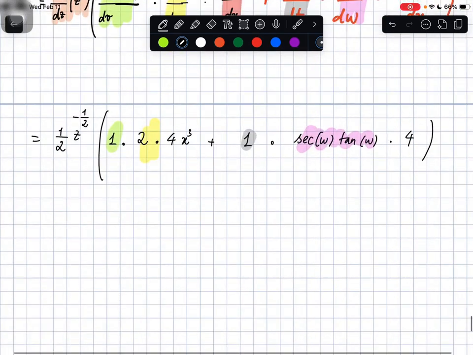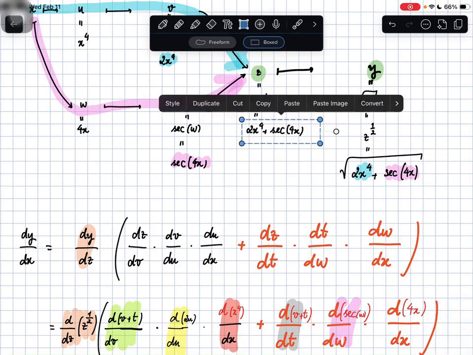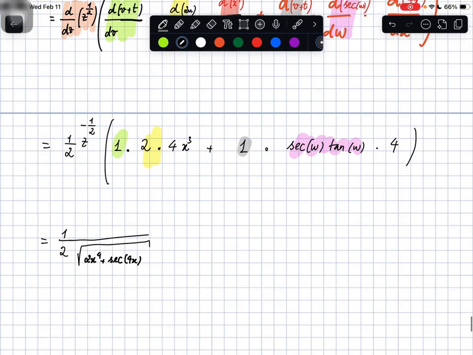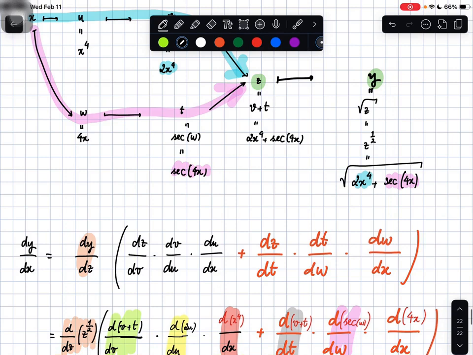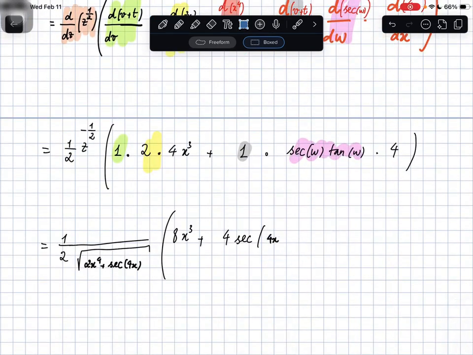Now just put everything in terms of x. 1/2 square root of z, these terms inside, 2 times 4x cubed, 4 secant omega, which is secant 4x since omega is 4x, secant 4x tangent omega, tangent 4x.